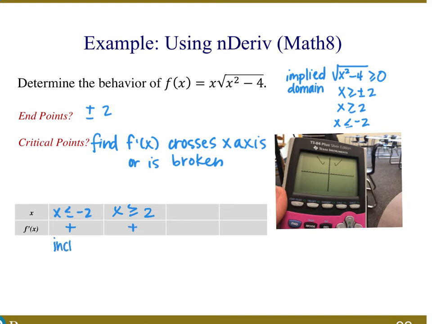That means I have increasing followed by another increasing, which means there's no max, there's no min, because there was no change, right? The change is not happening from a positive to a negative or negative to positive. It stays increasing the whole time.